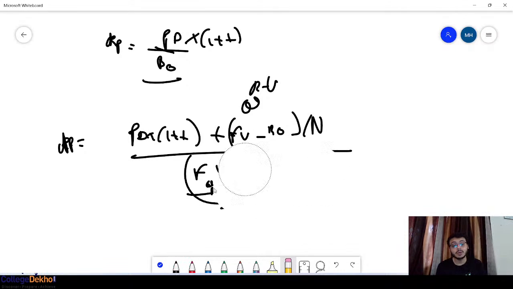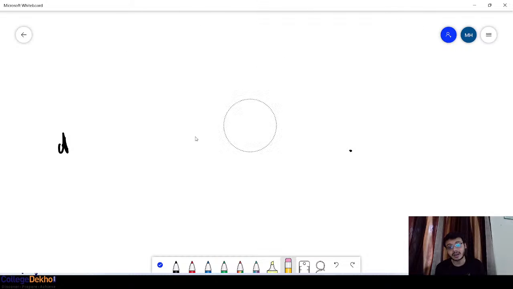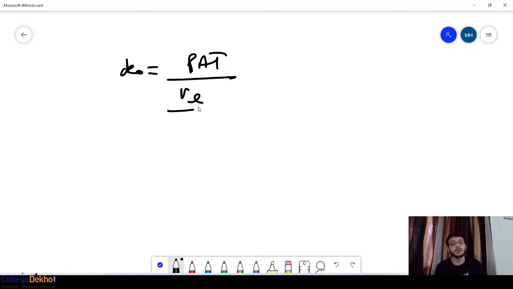And then we were trying to understand the cost of equity, right? In cost of equity, we talked about 3 formulas. The first formula was a basic one, where we had your PAT, or the profit after tax, divided by the value of the equity of the firm. The second method that we talked about was your dividend in the first year.